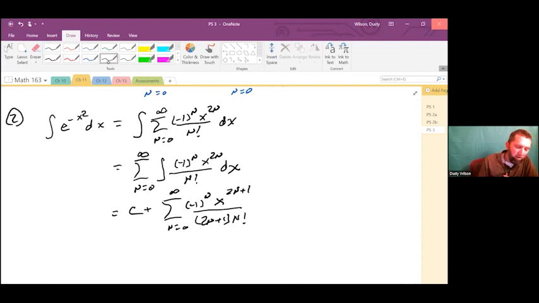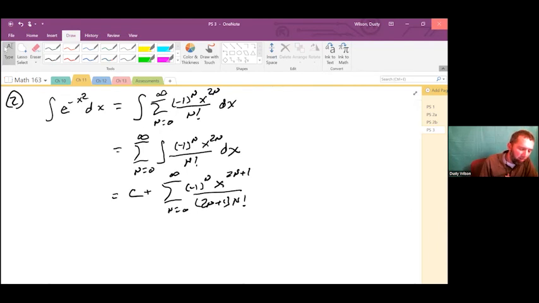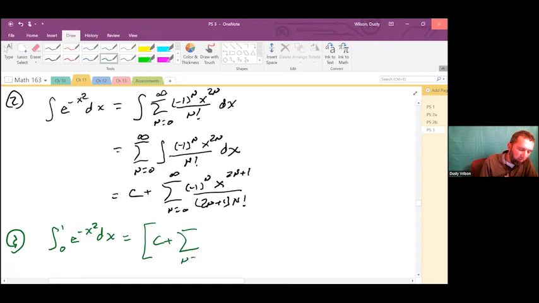So third, I can evaluate the definite integral, 0 to 1 of e to the negative x squared dx will equal the garbage from above, c plus sum from n equals 0 to infinity of negative 1 to the n, x to the 2n plus 1 over 2n plus 1 times n factorial.